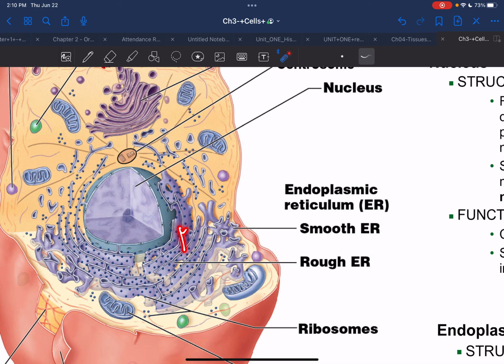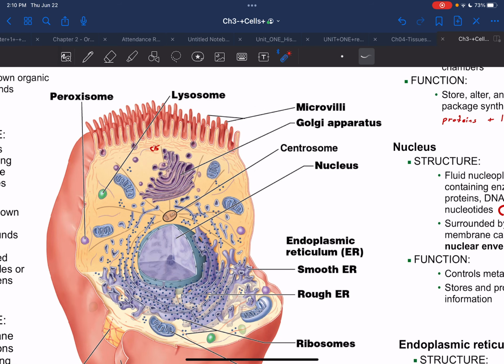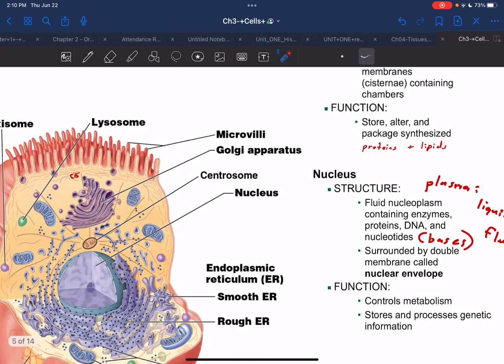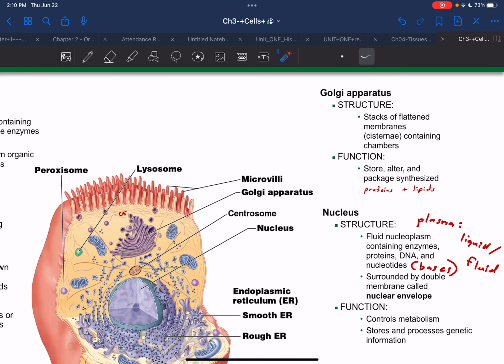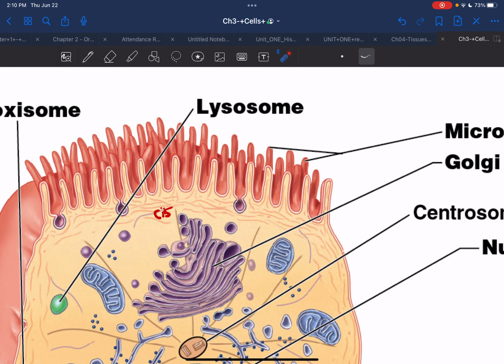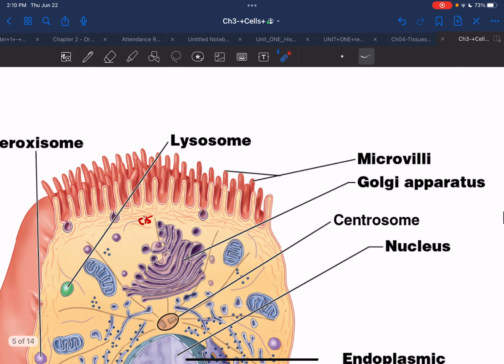The rough ER will make the proteins, and the smooth ER will make lipids, and then they're all going to go to the Golgi apparatus, where they're going to be sort of altered and processed, and they're going to be checked, and they're going to be refined and made functional, made well. And then the role of the Golgi apparatus is to deliver them to the surface of the cell.